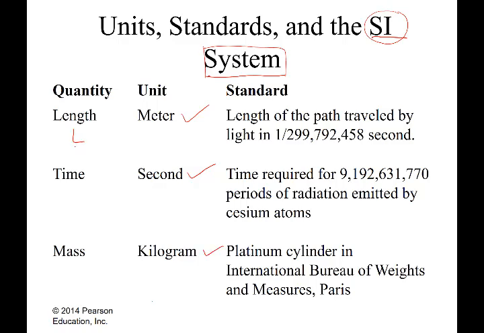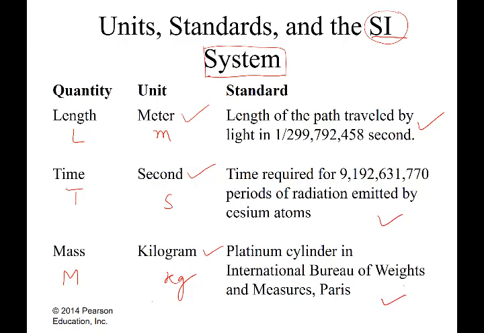So length, time, and mass represent the three fundamental quantities, and meters, seconds, and kilograms are their SI measurement units, and these are the standard definitions for length, time, and mass.